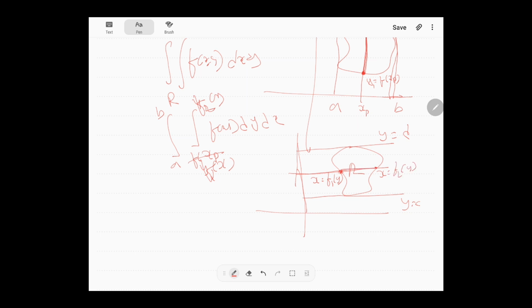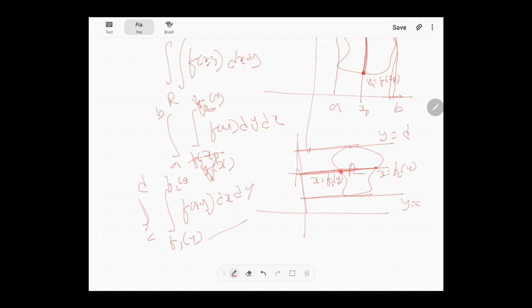So x varies between f1 of y to f2 of y, and this y now varies between c and d, integral c to d, of the function f of x y dx dy.